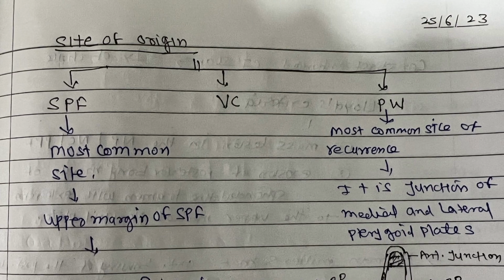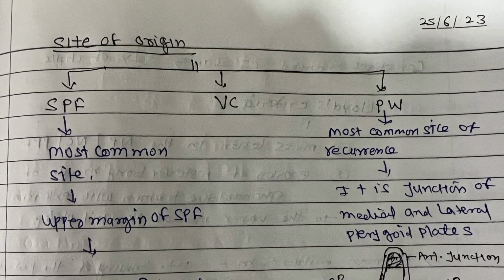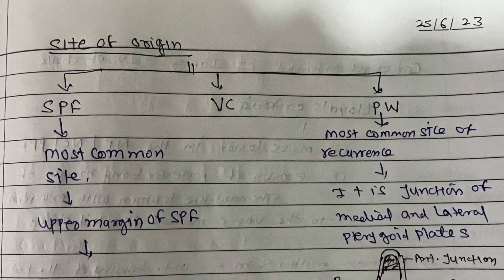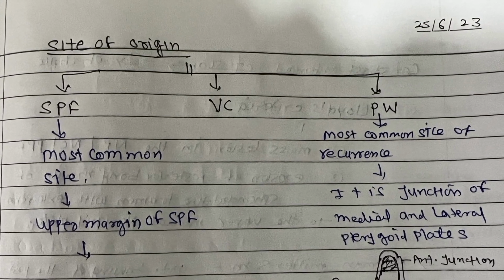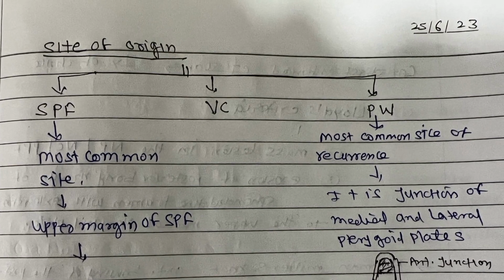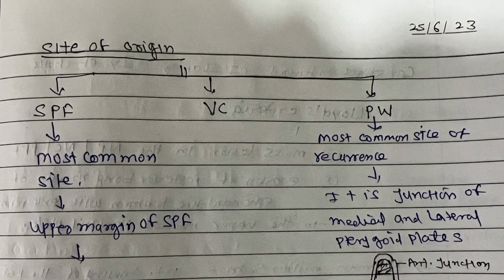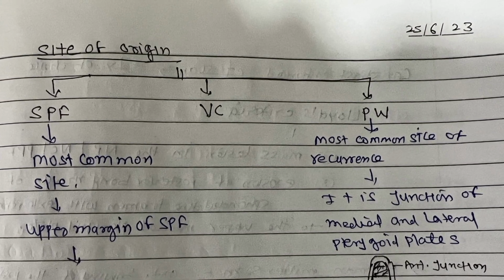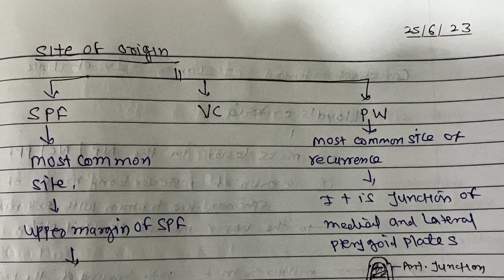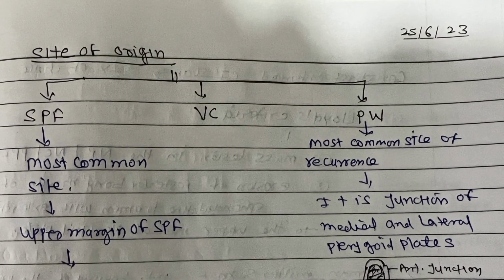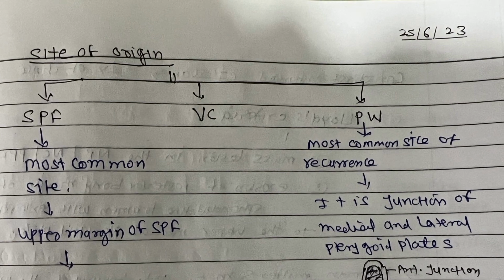You can see the pterygoid wedge, medial and lateral pterygoid plates, and the vidian canal is also a site of origin of the angiofibroma. The pterygoid wedge is the most common site of recurrence. If we didn't drill the area during primary surgery, there is a chance of recurrence in the pterygoid wedge area. It is the junction of the medial and lateral pterygoid plates. You can see it in this picture.